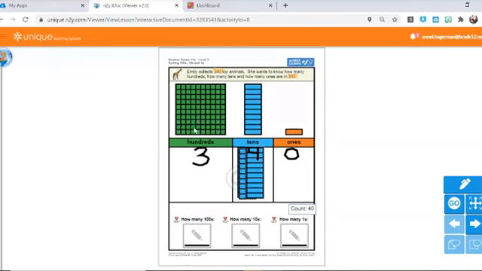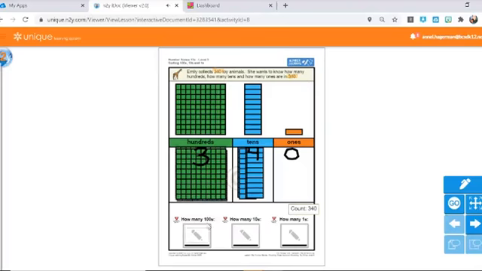Good. Now we just have to figure out my hundreds place. How many hundreds do I have written there? 3. So I need 100, 200, 300. There we go. We got the answer. And here is just where you're going to type it in. 300s, 4 tens, and 0 ones.